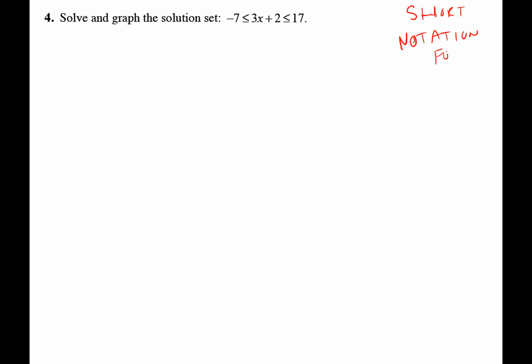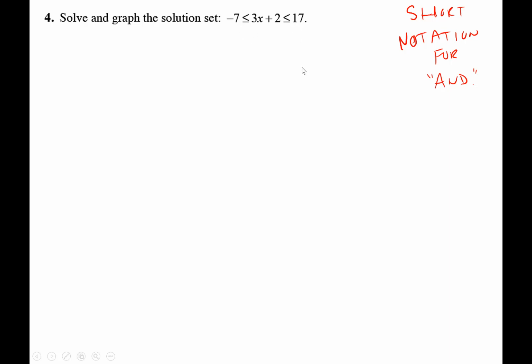It is going to bunch up in the middle, but notice our variable is already in the middle. That's kind of what it means: this section here, this variable, whatever the multiplier is, whatever the addition is, is caught between a -7 and a 17.